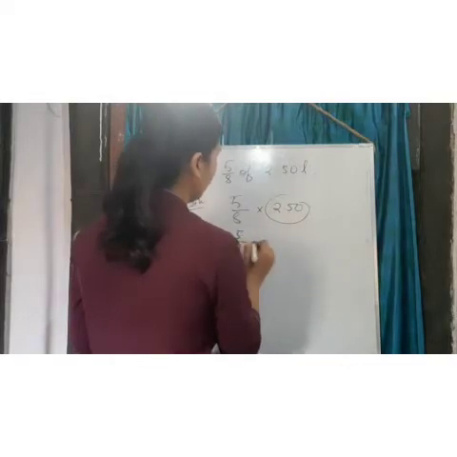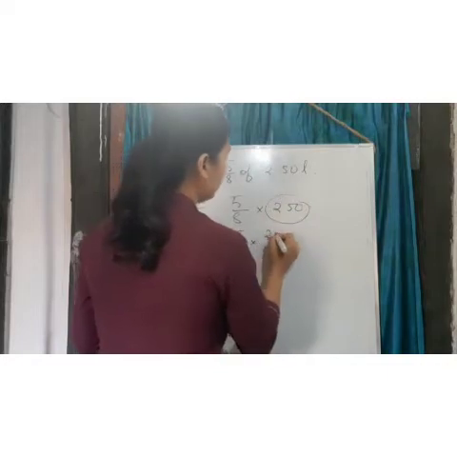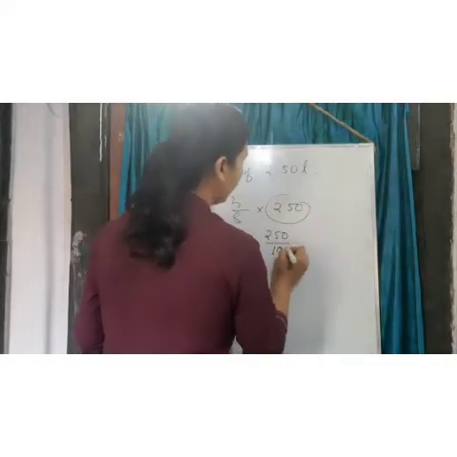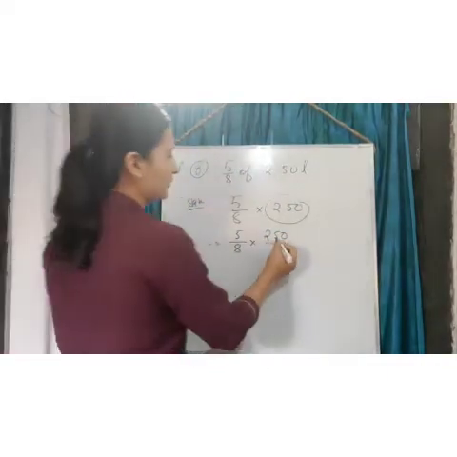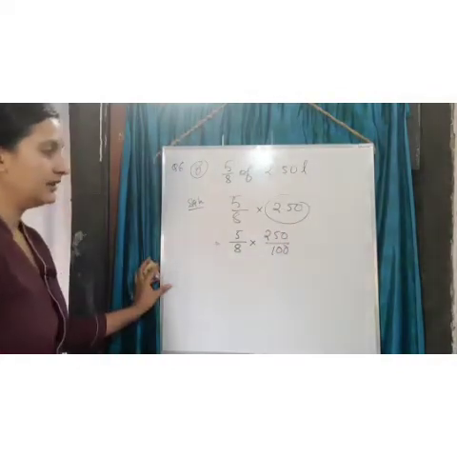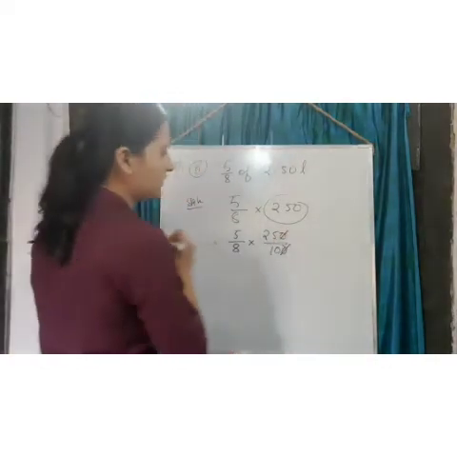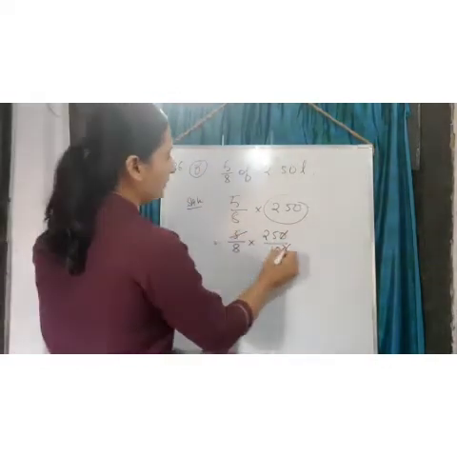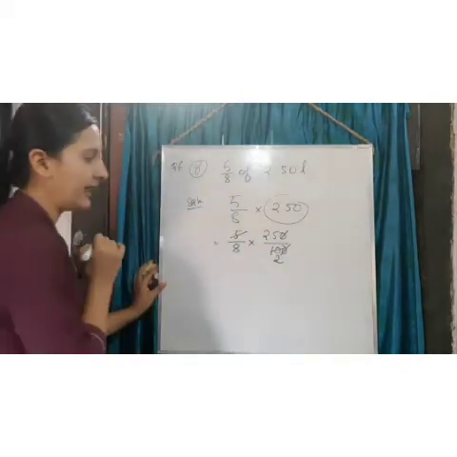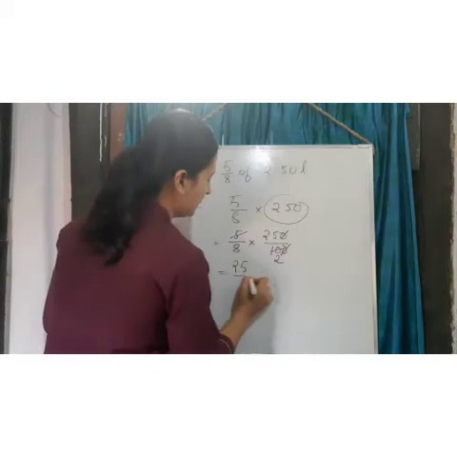How? 5 by 8 into, now suppose if we want to remove this decimal, then we have to divide it by 100, correct? So 250 by 100 is equivalent to 2.50. Am I clear? So what shall we do? This 0 and this 0 will cancel out, right? So 5 2s are 10. Fine. 25 by 16.